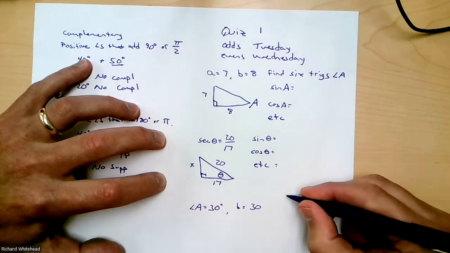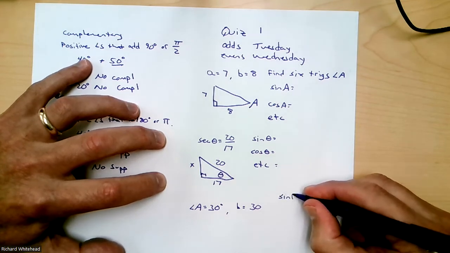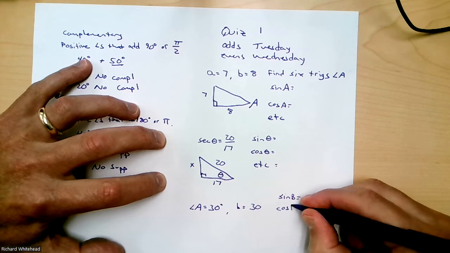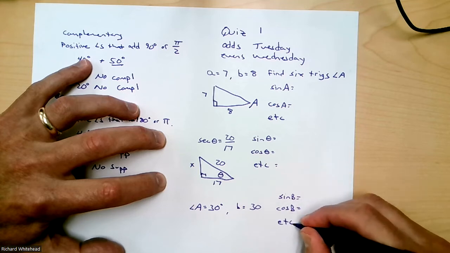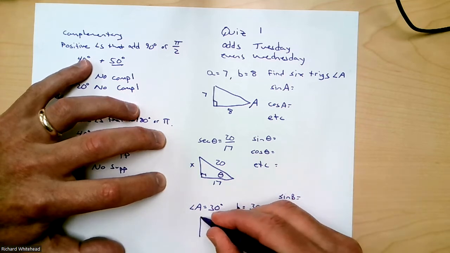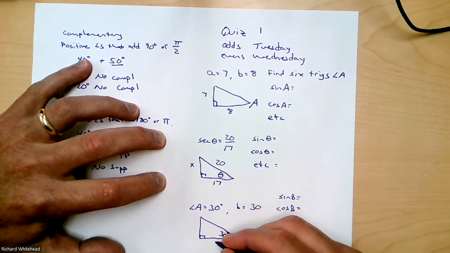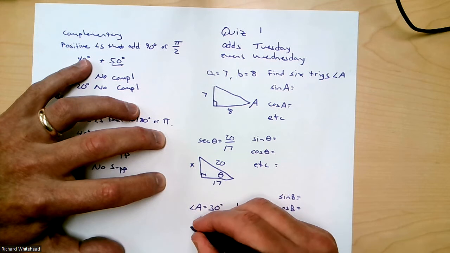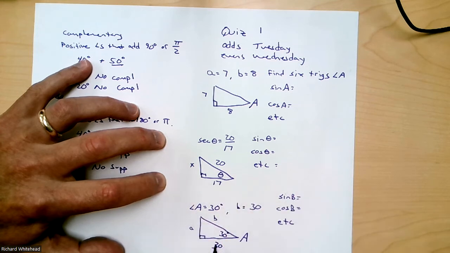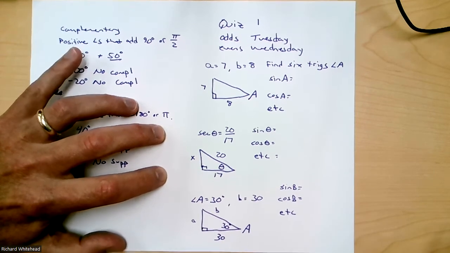Find your sine of B, cosine of B, etc. So once again, you have to draw the triangle and say, if that's my 30, that's angle A, and that's side B, therefore it is right there. So we have to use our 30, 60, 90 rules to figure that out.